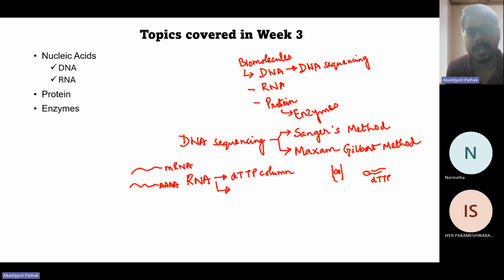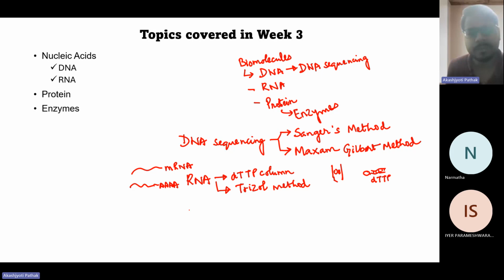The poly A tail will bind to this column, and the mRNA molecules can subsequently be eluted by changing the buffer conditions, such as the salt concentration. That is how we can purify the mRNA molecule. Another method for isolating mRNA from cells is the Trizol method.